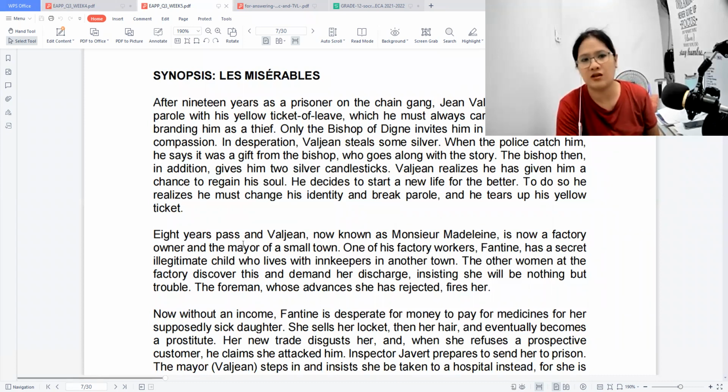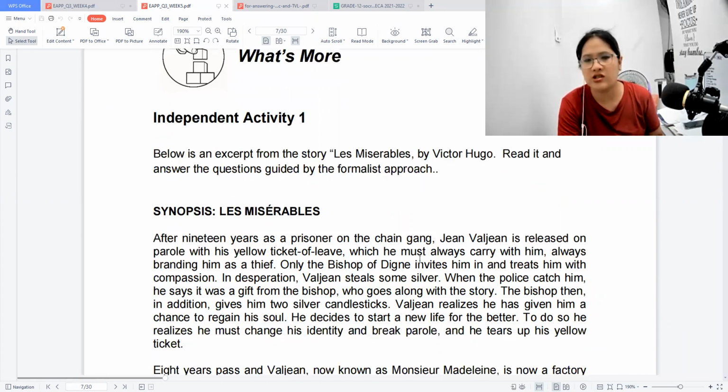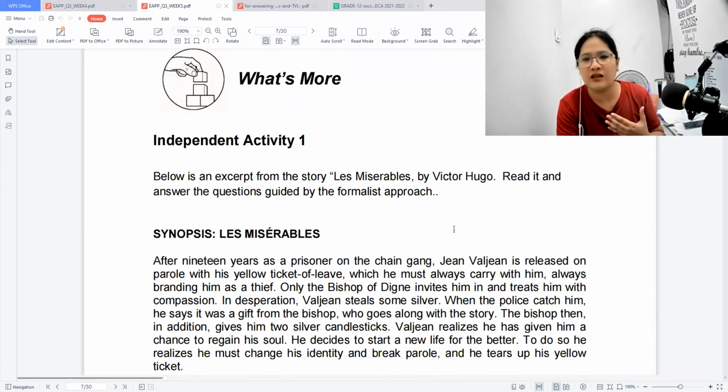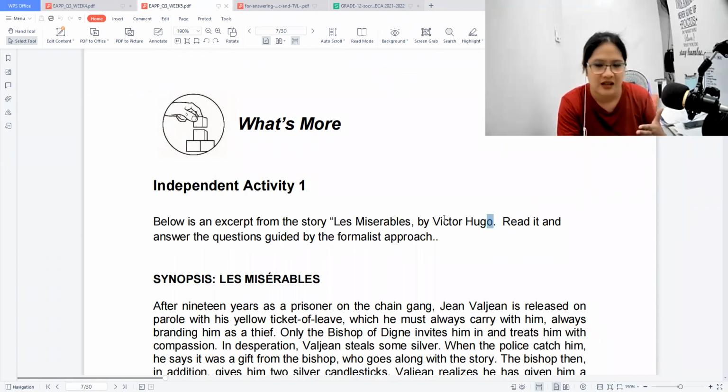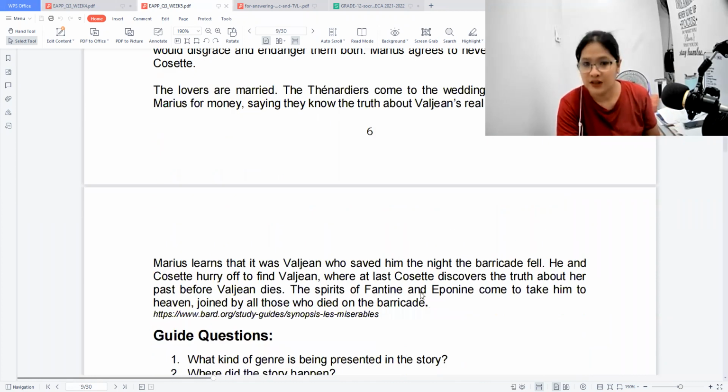So that's how you're gonna do it. You are not going to consider what Victor Hugo had during that time. You're not gonna search on what happened during the time when this was written or published. You're not going to look into what Victor Hugo was suffering. Okay? But you're going to focus on the form. Okay, kuha? And that's how you use formalism.